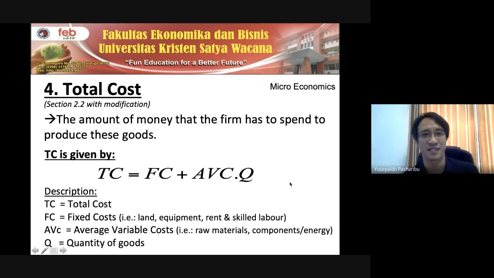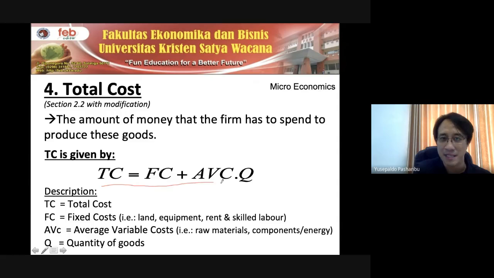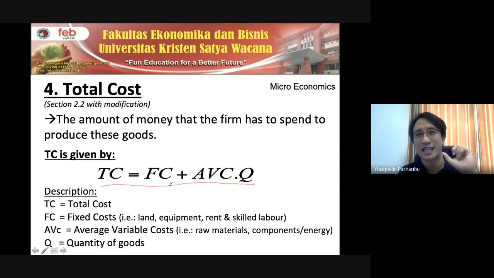Next, total cost. Total cost is the amount of money that the firm has to spend to produce this good. The total cost also has a formula. This is the formula of total cost. The total cost equals fixed cost plus average variable cost times Q. Fixed cost is the cost that the company has to bear even if there is no production.